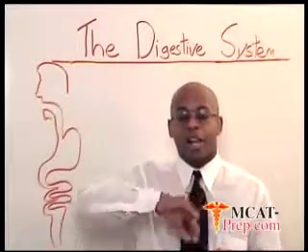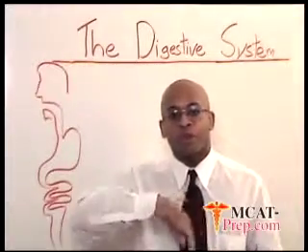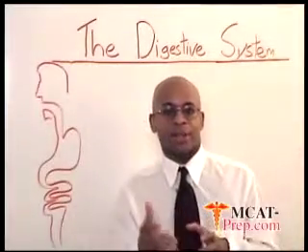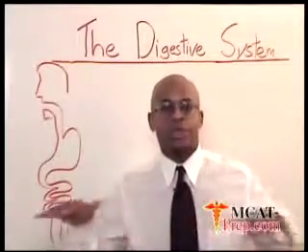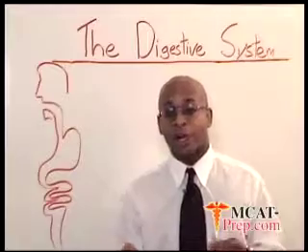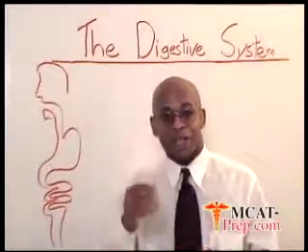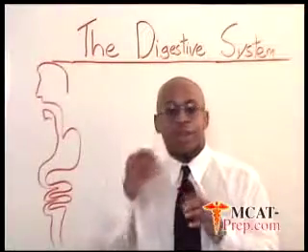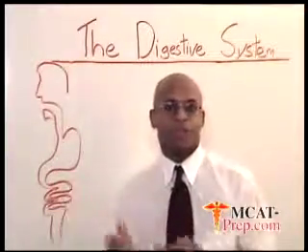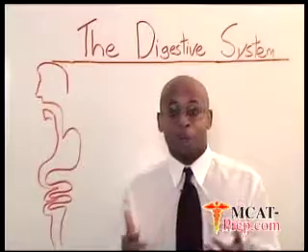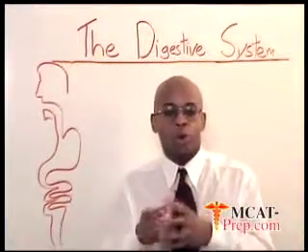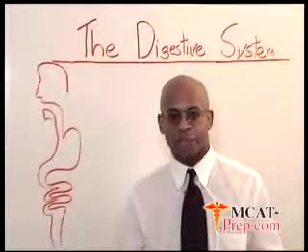Villi are undulations or finger-like projections of groups of cells. Microvilli are finger-like projections of single cells, so that increases the surface area of individual cells. And we know that microvilli have microtubules as a core, just like flagella.